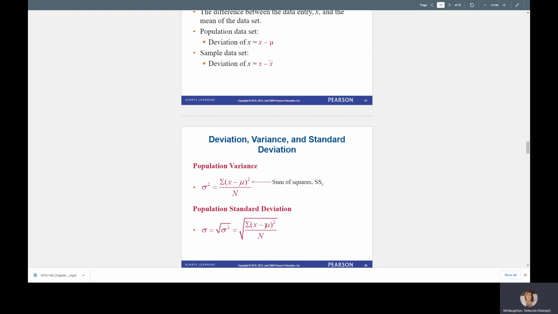Again, we're going to do this in Excel, so I'll show you how to do it using this formula, but Excel has built-in formulas to calculate the variance and the standard deviation for both the population and the sample. And our goal, as I mentioned when I talked about this live in the first class, is always for you to be able to figure out what formulas to use and what you're supposed to be calculating.